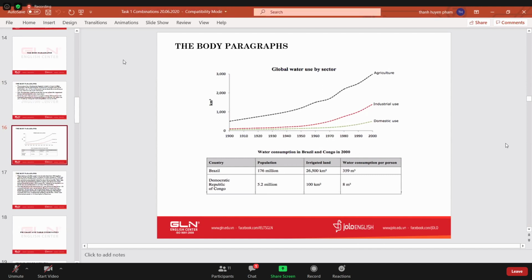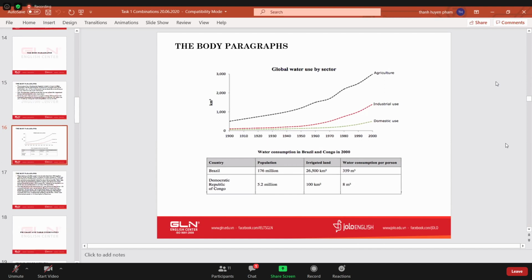And key features, as I mentioned before, is an increasing trend of water consumption by sector. We need to clearly state which sector is using the most water, which sector the least, and we can put in a few numbers.